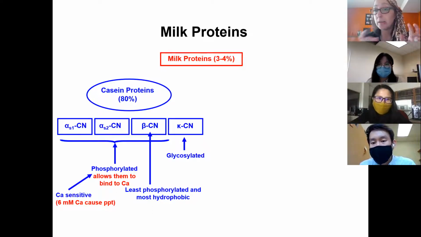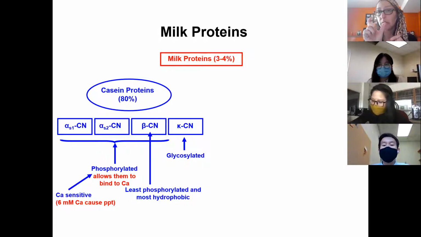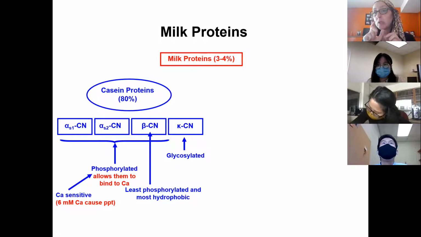I mentioned it earlier. It has the glycomacropeptide, which is the part of the casein that is glycosylated. It's highly charged, and it mostly is on the surface of the micelle, increasing the zeta potential of the micelle, stabilizing the micelle as a colloidal system in milk.